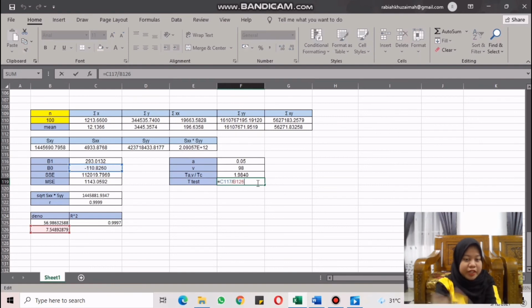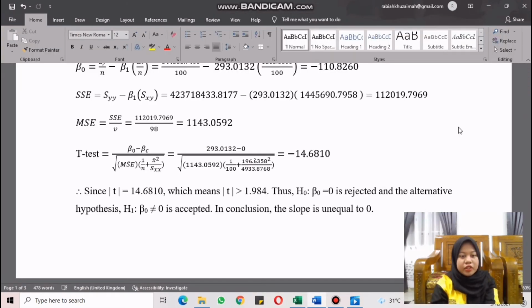Before we find the final answer, we must find all these values first. Then we can conclude that since the modulus t is larger than 1.984, thus the H0 is rejected. And the conclusion is the intercept is unequal to 0.